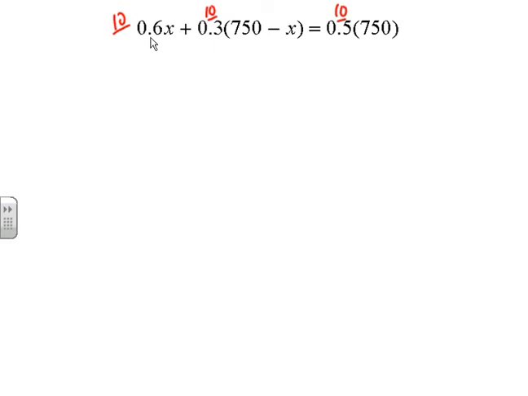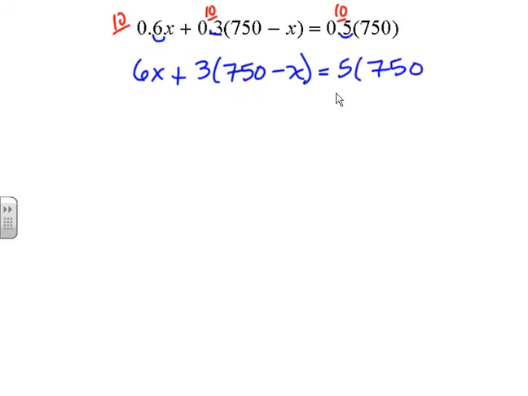If I do that, that'll move the decimal place over 1. So that'll be 6x plus 3 times 750 minus x equals 5 times 750. I'm going to draw a little line here so we can keep things straight. Okay, let's do some distributing. I have 6x plus. I want to give 3 to 750.